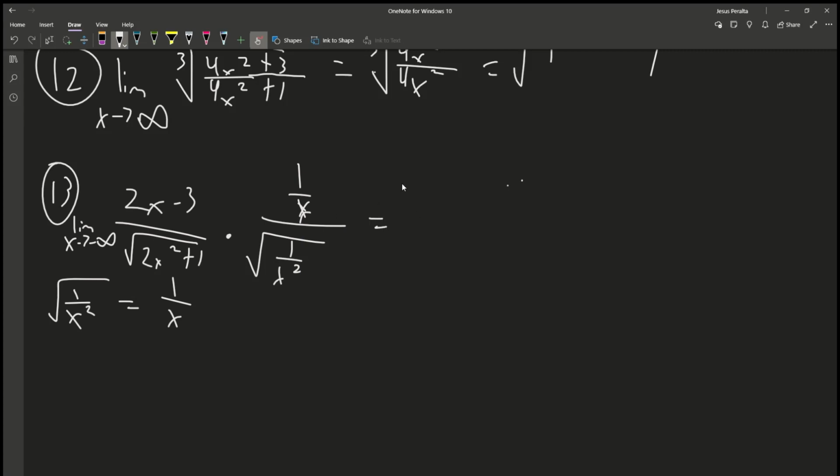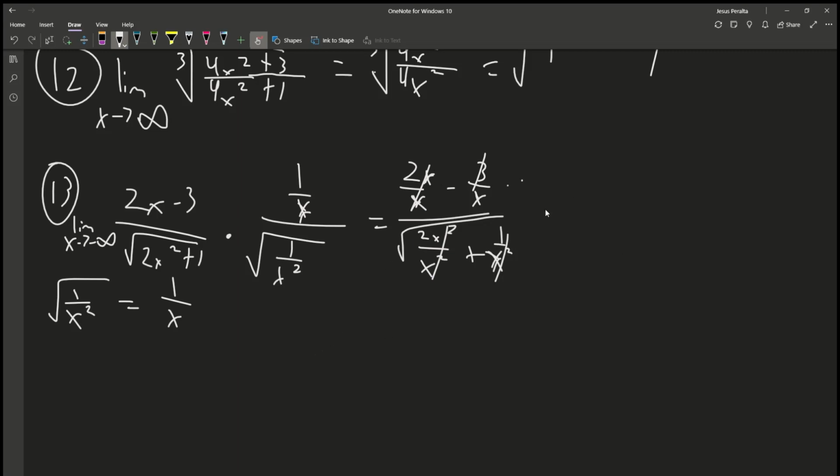Okay, so then we're going to have 2x over x minus 3 over x, over the square root of 2x squared over x squared plus 1 over x squared. Obviously, these would be 0. This would become 2, and this would become 1.